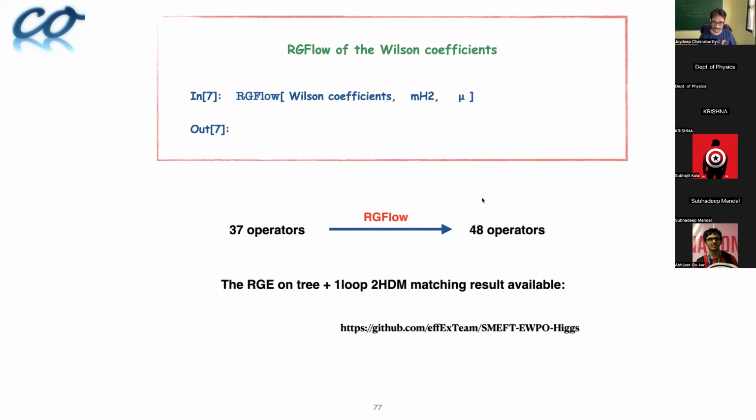Yes, basically the same beta functions. The interesting part is that you generate 11 separate operators, but their Wilson coefficients will be functions of the same BSM parameters that appear in the 37 operators' Wilson coefficients. So these are radiatively generated operators, not generated through integrating out.